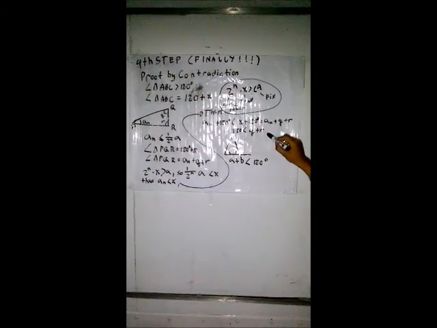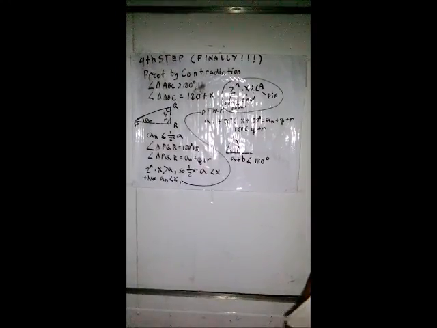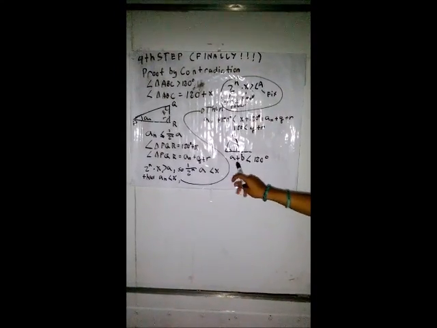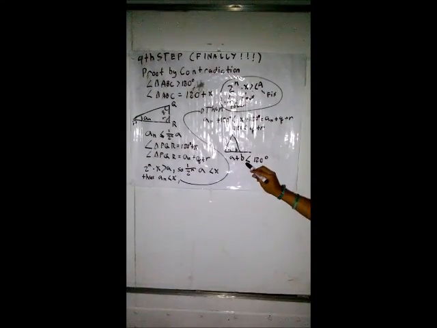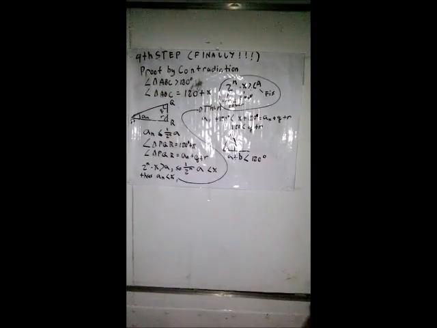So in this answer, it contradicts what we proved in our first step, which is that Q plus R is less than 180 degrees.